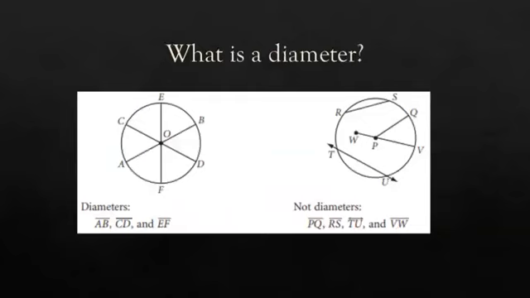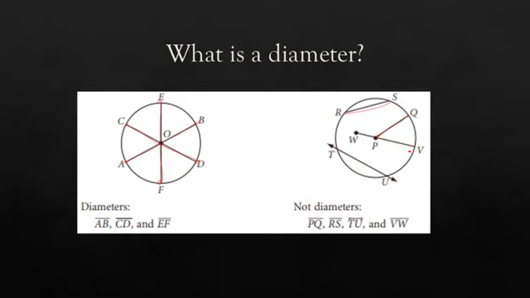What is a diameter? We have nice, pretty spoke wheels here, or spokes on a wheel. AB is a diameter, and CD is a diameter, and EF is a diameter. But over here, PQ is not, and RS is not, and TU is not, and WV is not.